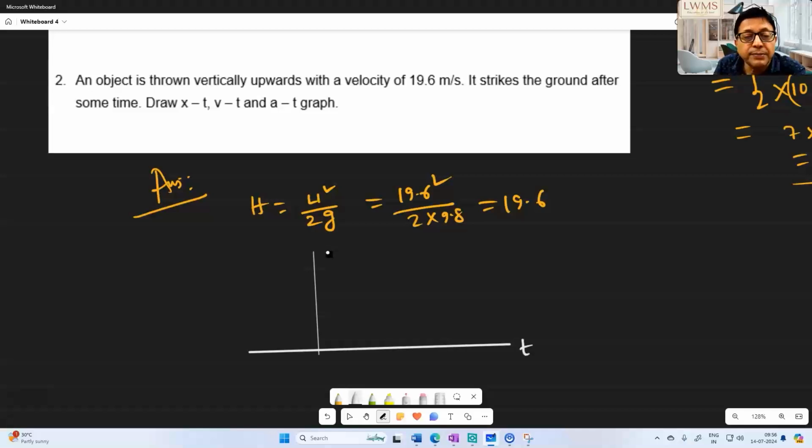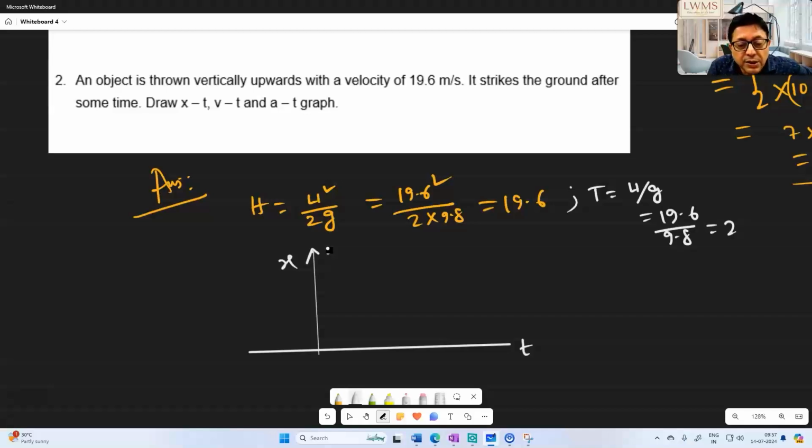This is time, and you are doing the displacement time graph, x. And what is the time of ascent? It is just u by g. 19.6 by 9.8, 2 seconds.